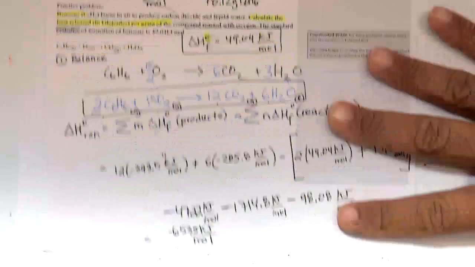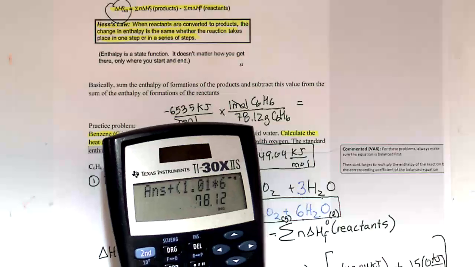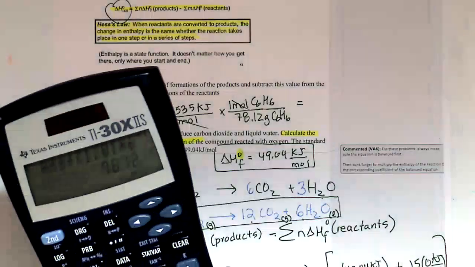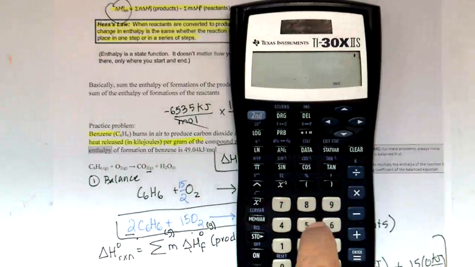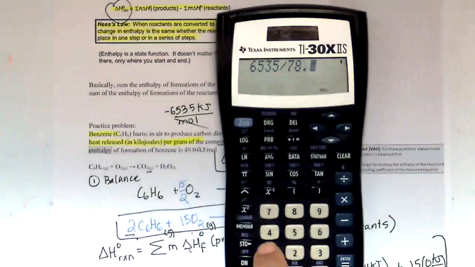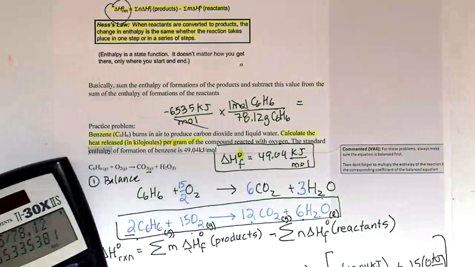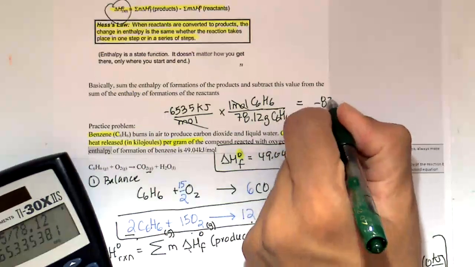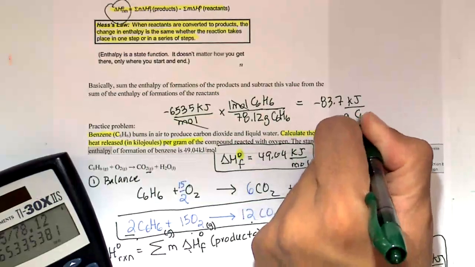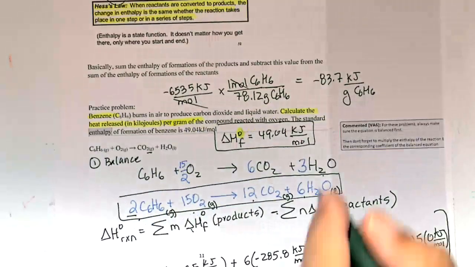We'll take our answer per mole and divide it by the molecular weight to get it per gram of benzene. And what do we get? Minus 83.7 kilojoules per gram of benzene. So this should be the answer.